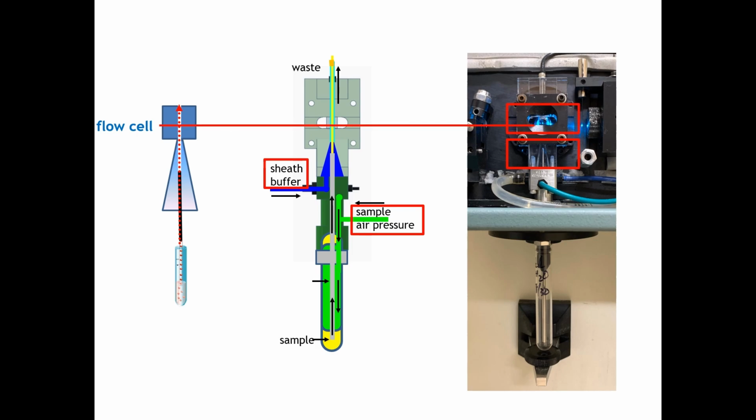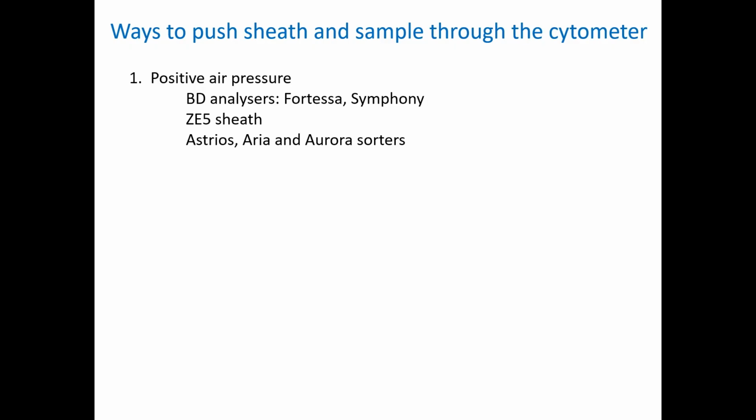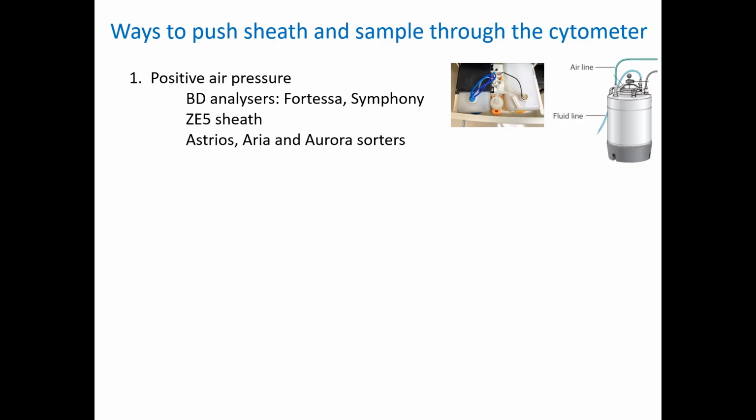There are a number of ways to push the sheath fluid and the sample through the cytometer. We've just looked at positive air pressure used by many of the BD instruments: the Calibur, of course, Fortessa, the Symphonies, the ZE5 sheath fluid, and most sorters: Astrios, the Arias, Discover S8, and the Aurora sorter.